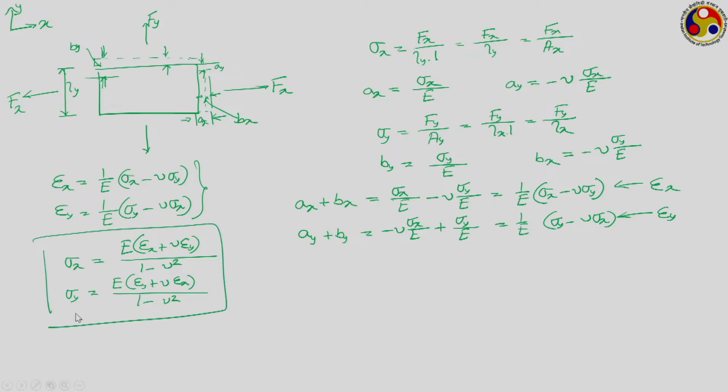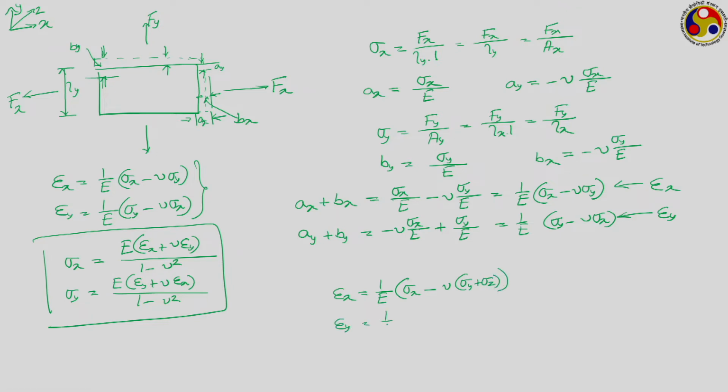These two are the expressions for the corresponding stresses, and we can easily extend this one to 3 dimension analysis, where we shall also have this dimension z, the third direction, and by extending this, if we want to write a generalized expression, then your epsilon x will be equal to 1 upon E into sigma x minus nu into sigma y plus sigma z.